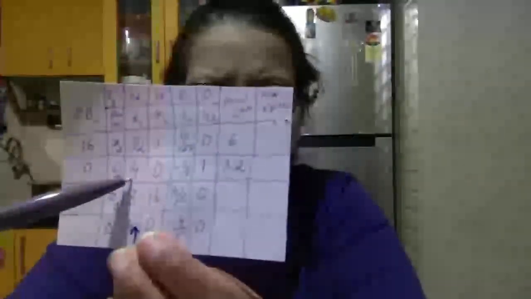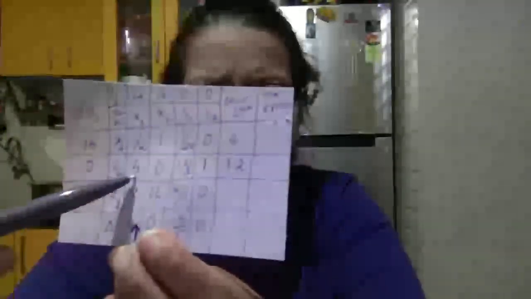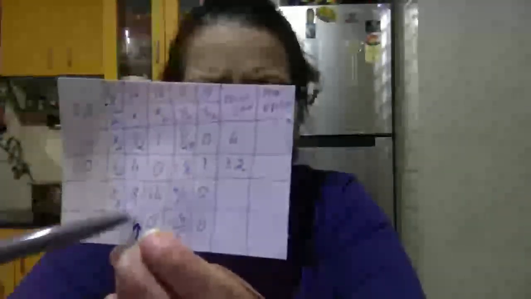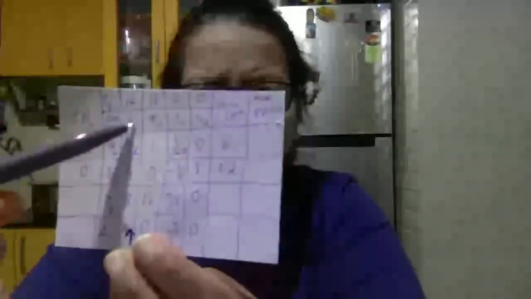So, now we have to divide. What do we have to divide? We have to divide the solution column by the element of the key column. 32 divided by 4. The element in the key column is 4.